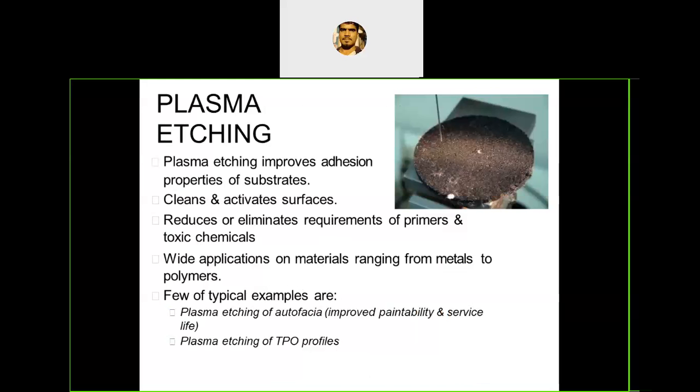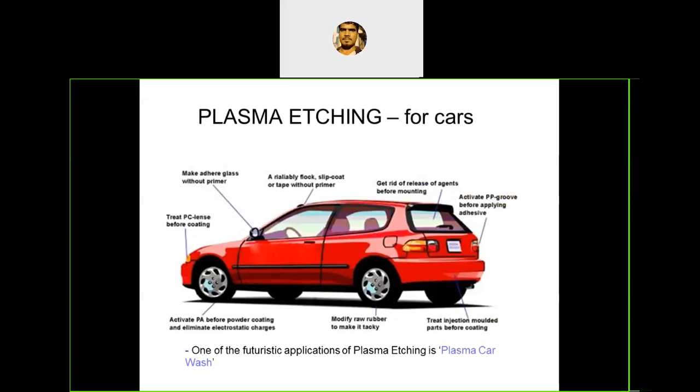Etching is a cleaning process. Before any CVD or PVD, we have to etch the substrate, with the help of plasma assisted etching. And these are the different parts used with plasma etching before going for the coatings.